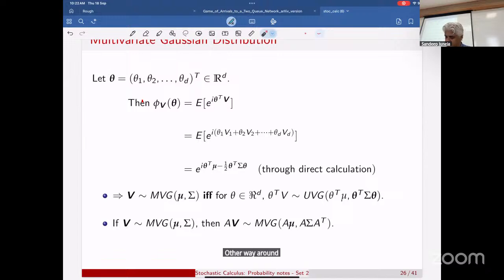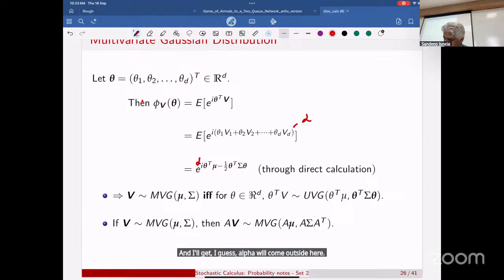Other way around, if V is multivariate Gaussian, then this thing is true, right? So same thing basically. That means that in the moment here, I can put alpha times this guy. I can plug in alpha times this, and alpha will come outside here. What's the moment function of a single dimension guy?